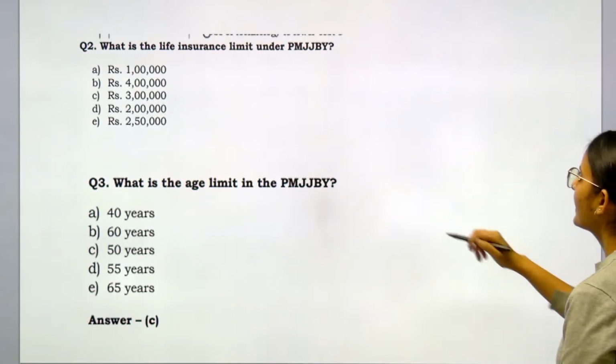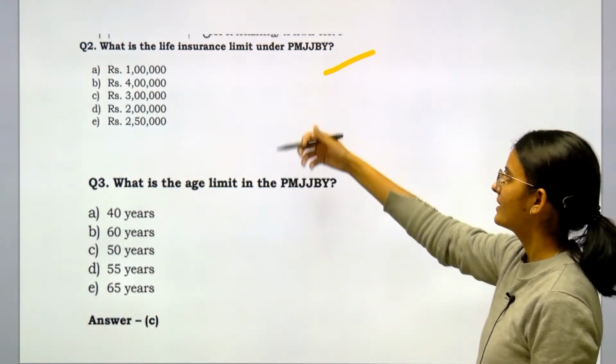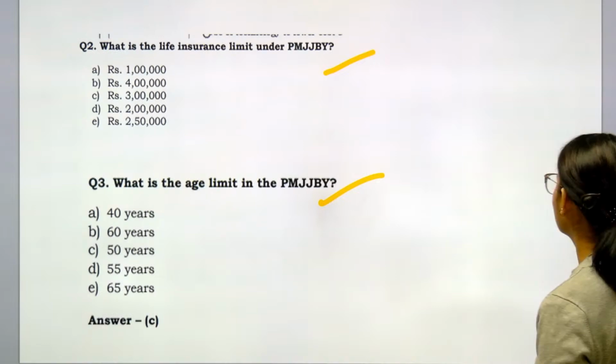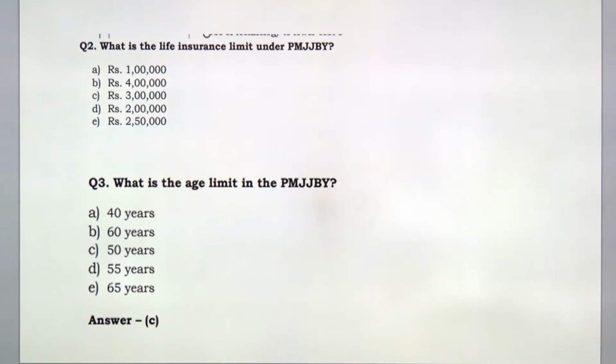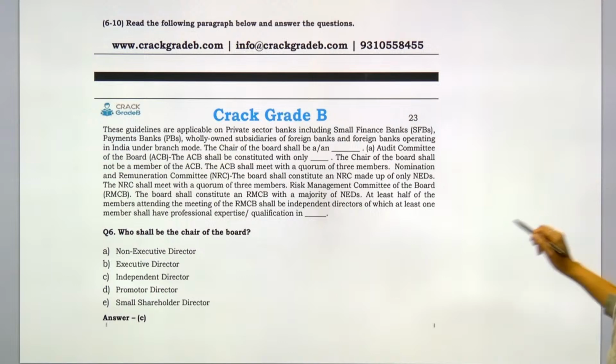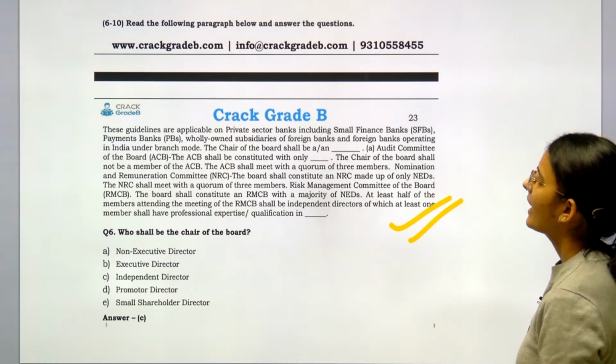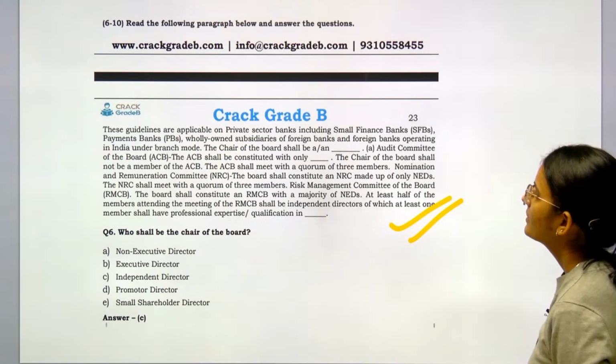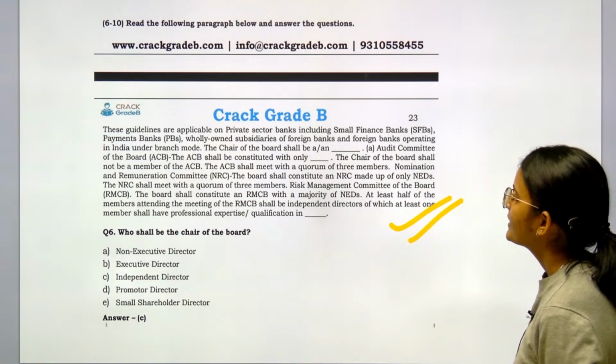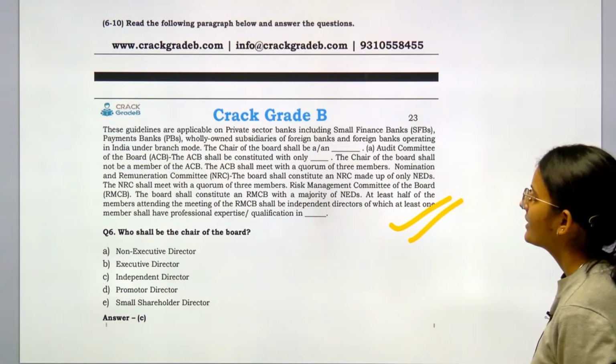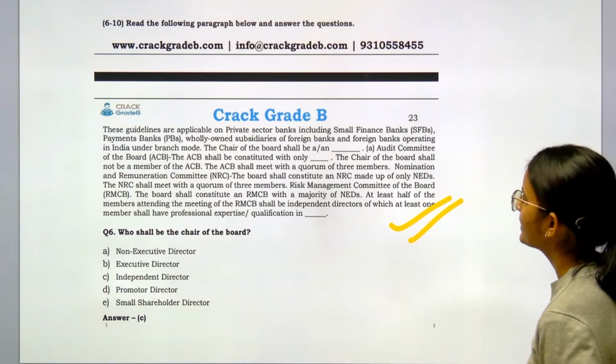So based on that paragraph, there were static questions like what is the life insurance limit, what is the age limit. Okay. Next question. These guidelines are applicable on private sector banks, including small finance banks, payment banks, wholly owned subsidiaries.